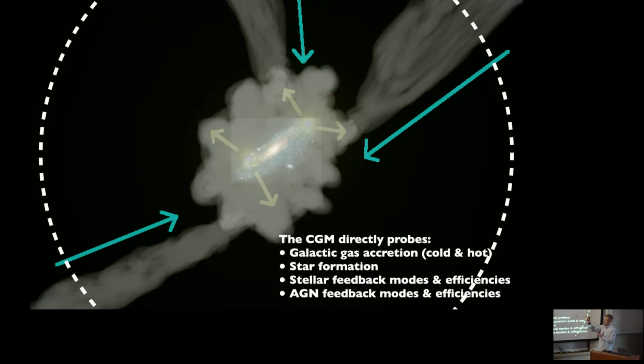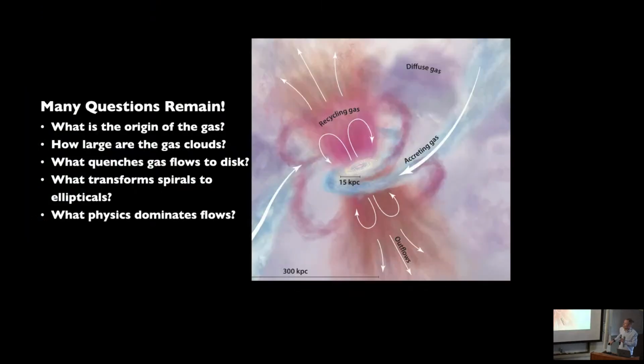So it's really crucial for understanding how galaxies evolve because it populates this reservoir around galaxies, but it's very difficult to observe. There's a consensus picture for what it looks like based on some observations that we have of azimuthal asymmetry from outflows along the semi-minor axis and accretion along the semi-major axis of galaxies.